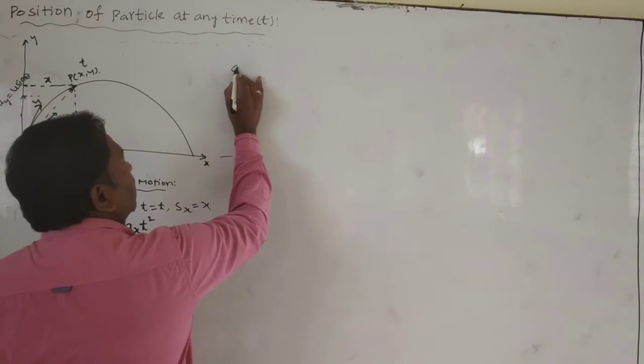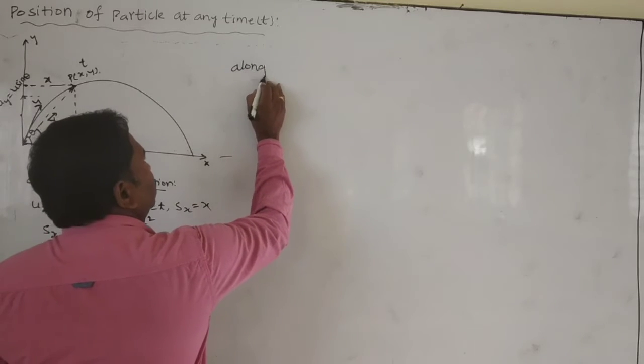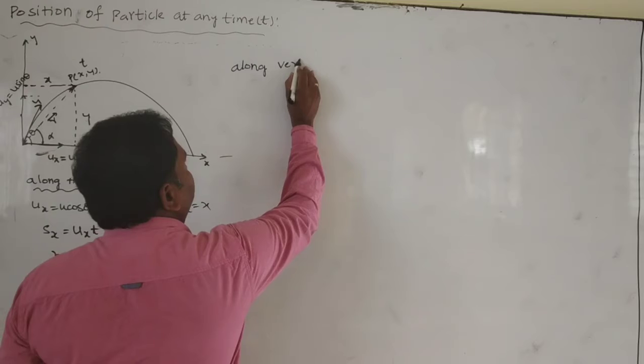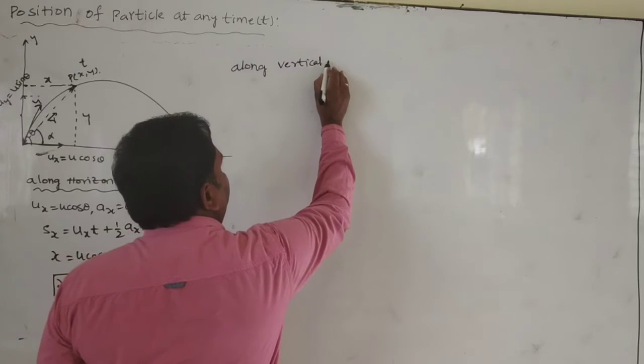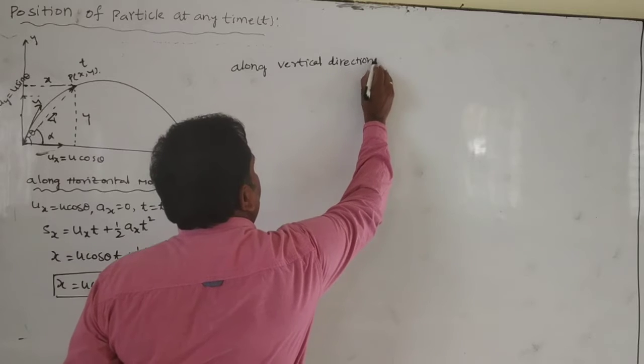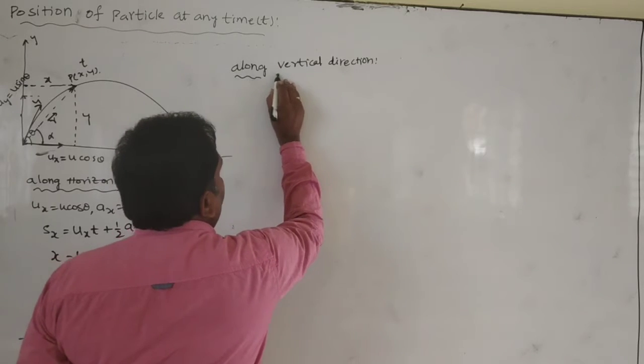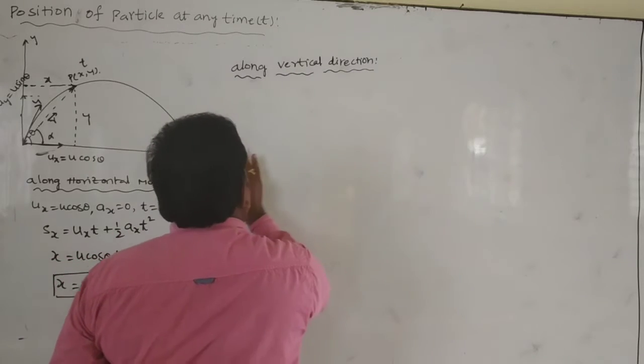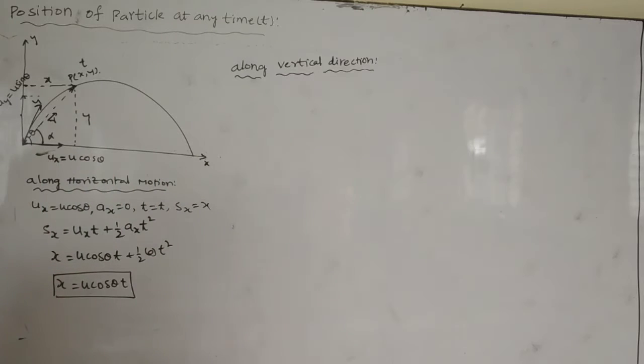Now along the vertical direction, the particle traveled distance y due to the vertical component of velocity.